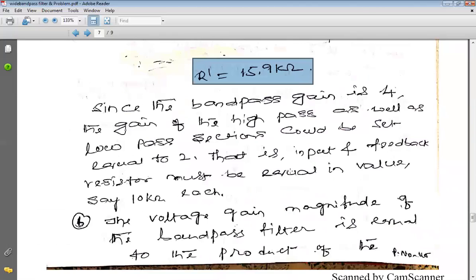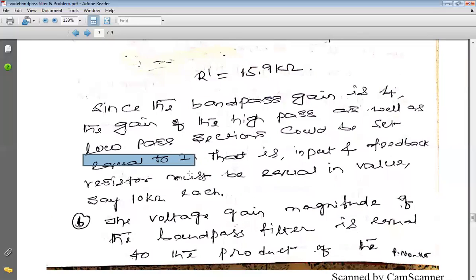Since the band pass gain is 4, the gain of the high pass as well as low pass sections could be set equal to 2, that is, A1 equal to A2 equal to 2.